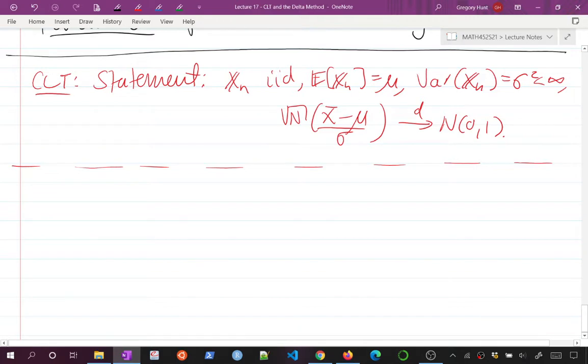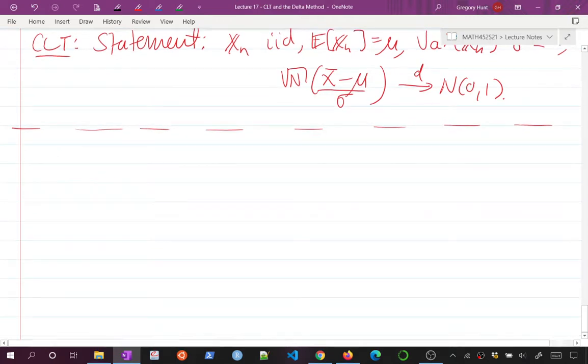So, okay. Let us first define some yNs, which are going to be our basically standardized versions of our x's. So we're going to take our x's and subtract off the mean and divide through by sigma.